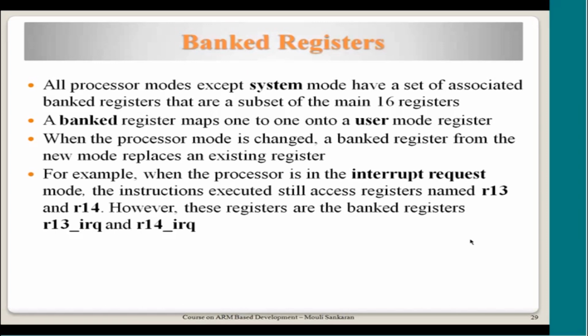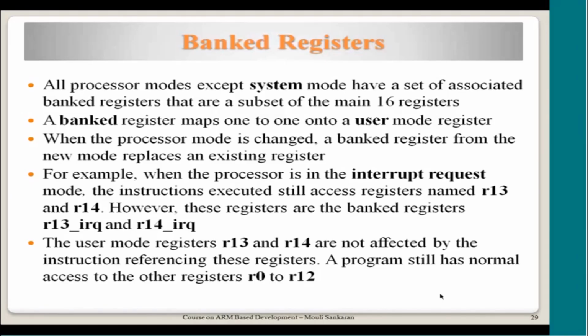For example, on an interrupt request, if R13 and R14 are accessed in IRQ, they will be accessing the R13 and R14 of IRQ and not the original user mode registers. So user mode R13 and R14 are not affected by this operation, whereas R0 to R12 in IRQ are the same as the user mode registers.